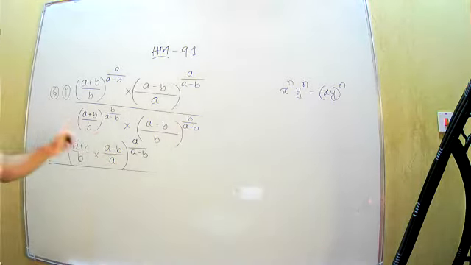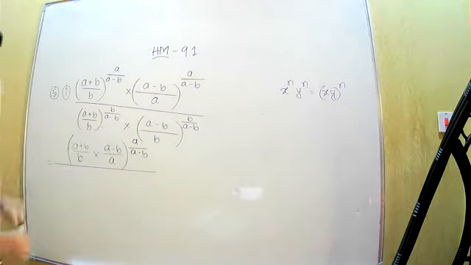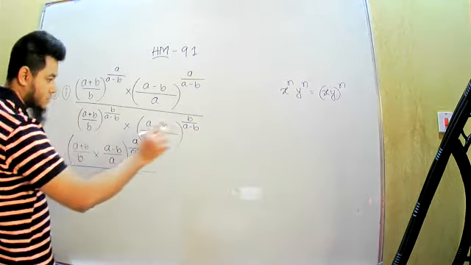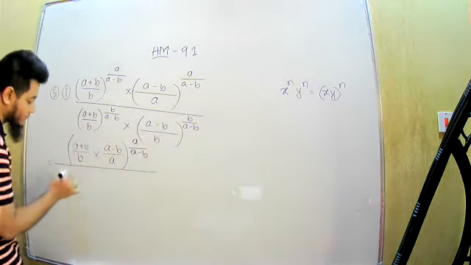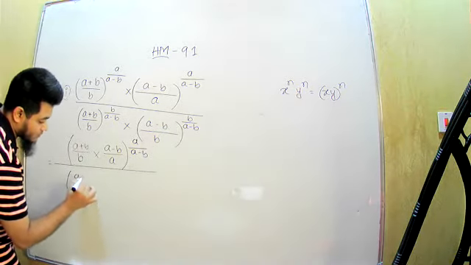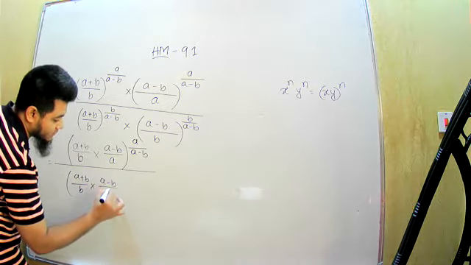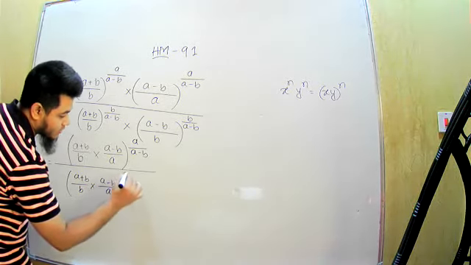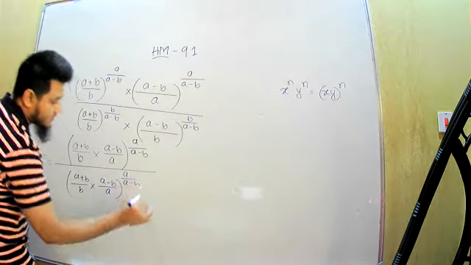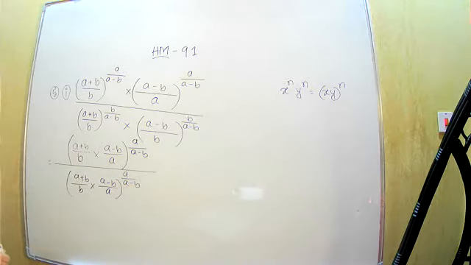And we will do the same in case of the denominator also. See, the power is the same, so these two can be brought under one bracket: a plus b divided by b into a minus b divided by a, whole to the power a divided by a minus b. Correct?